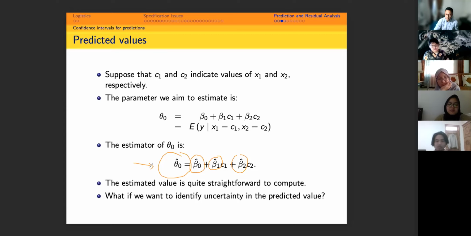So it's very easy to compute in Stata, and I'll show you how to compute the predicted value of theta. But the question is, what if we want to identify uncertainty in the predicted value? How can we do it? And why do we want to do it?